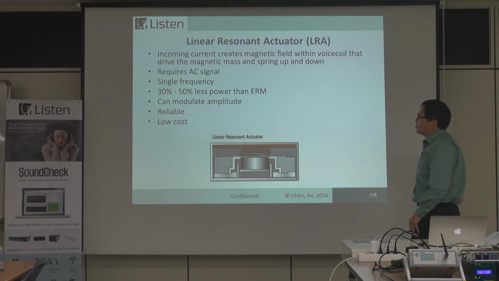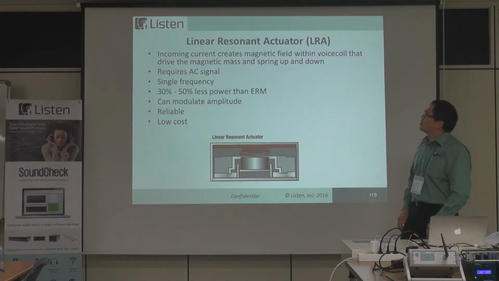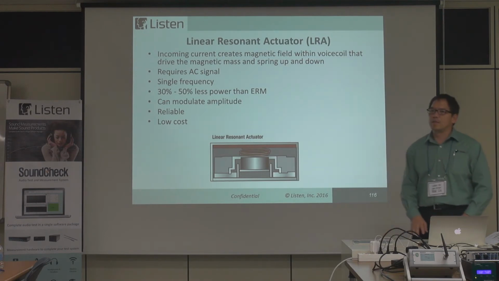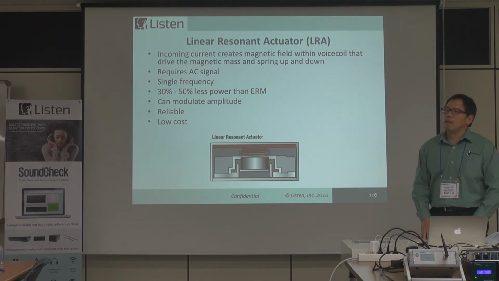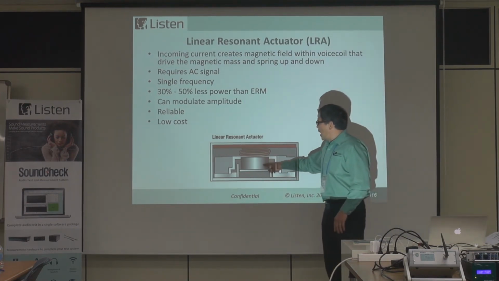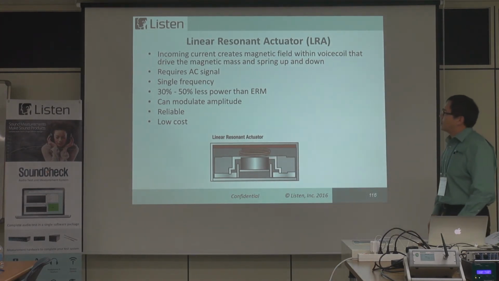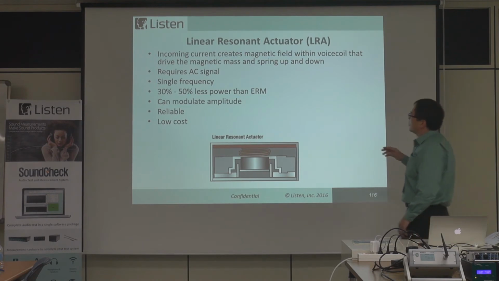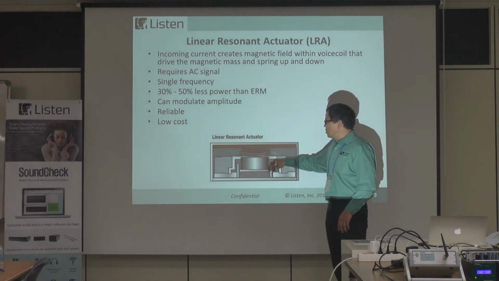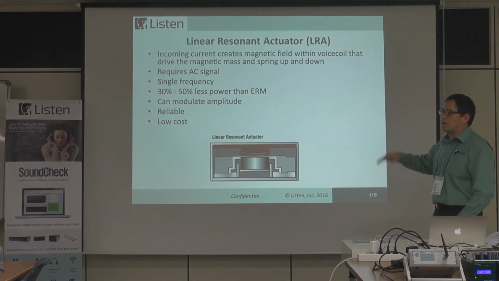So this is the one I'm really interested in. It's the most popular these days. It's called a linear resonant actuator. LRA is the formal term, and in fact it's really just a linear motor. It has a magnet attached to a voice coil, and when an AC signal is sent into the actuator, it creates a movement of that magnetic mass.